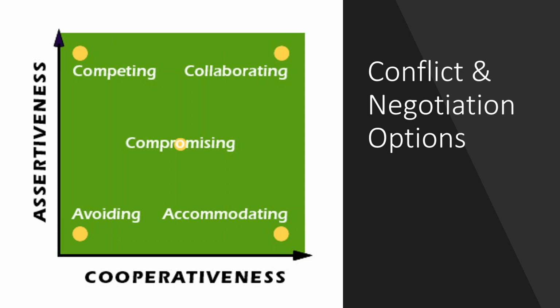And the caveat there was that you shouldn't try to use the one that was the most popular, the one that you're most interested in, too often, because different situations require different ways of dealing with them. So to compete in one situation might require collaboration in another.